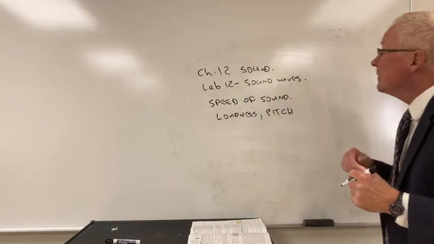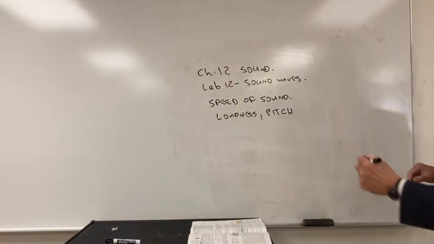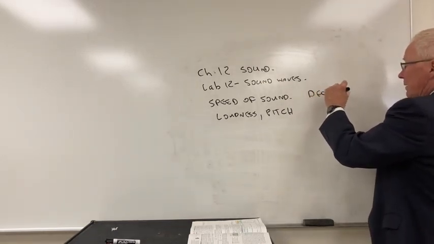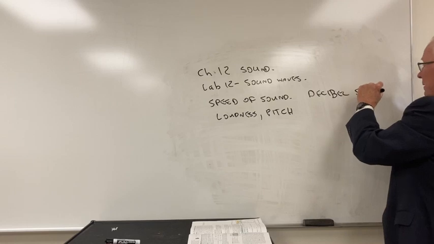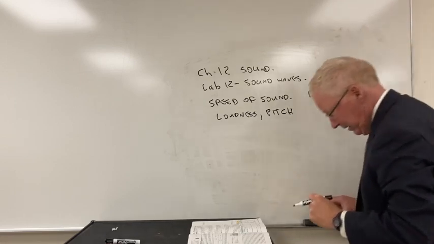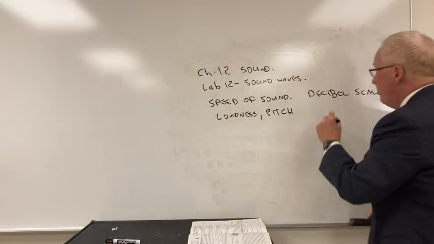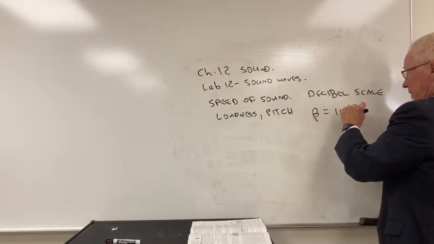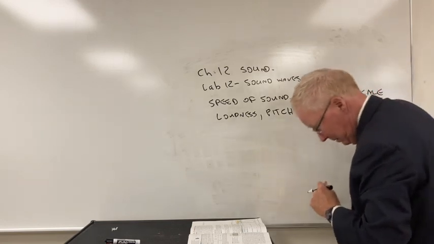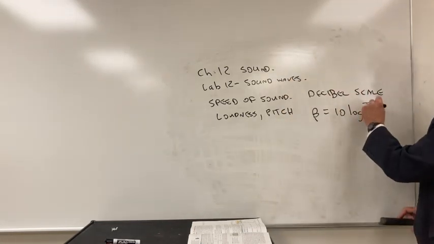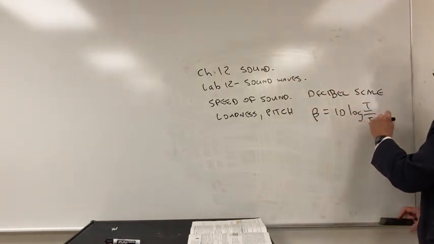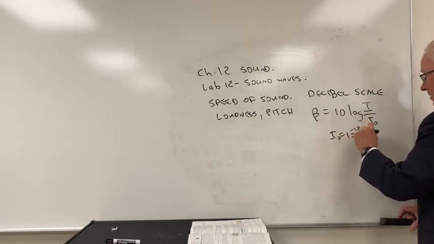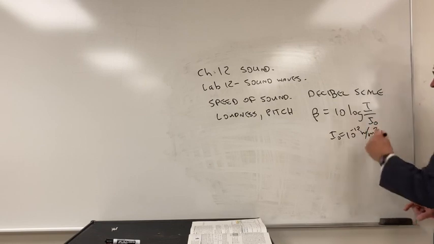Okay. All right, moving on there, we got the decibel scale. Which again is given by beta is 10 log of I over I naught, where I naught is the threshold of hearing, 10 to the minus 12 watts per meter squared.